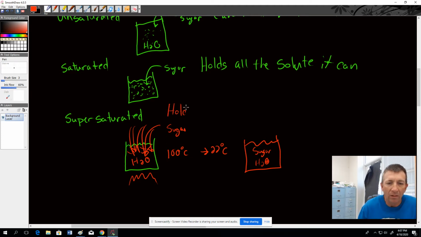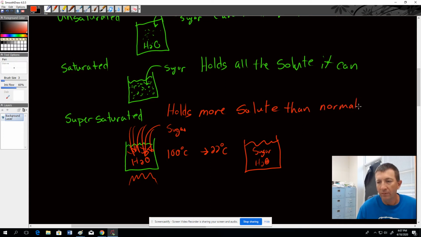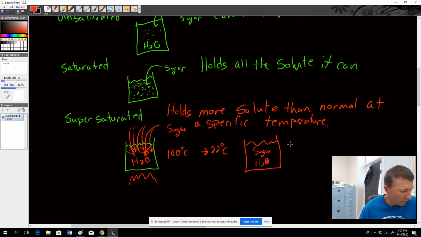So it holds more solute than normal at a specific temperature. Okay, and that's what's called supersaturated, when we have a solution that is supersaturated.